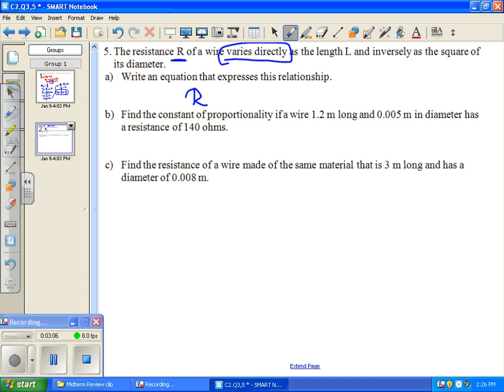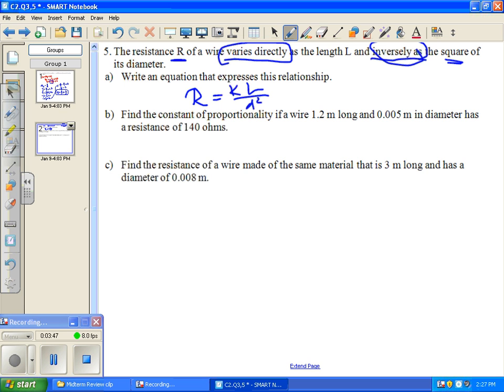Direct variation is K times some kind of value, in this case L. So K times L. Then we have a second part, and it's inversely, so that's a big clue, as the square of its diameter. Since it's inversely, it's over, and then we have the square of the diameter, d squared. So our expression is R equals K times L over d squared.